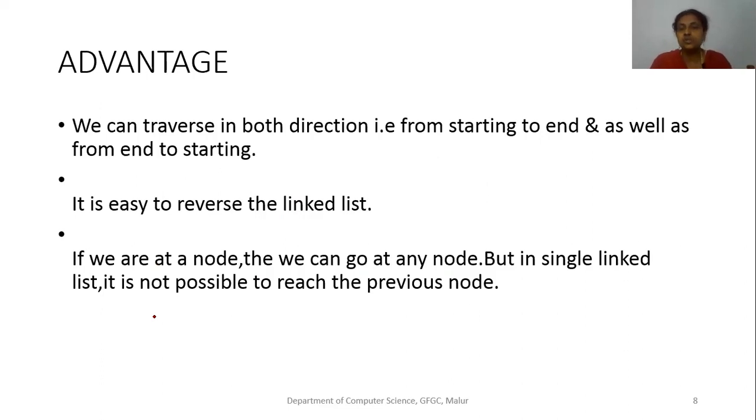It is very easy to reverse the linked list. Whichever is not available in a single linked list, that means we won't have an idea about our previous node. We know the next node address, but we won't know the previous node. But in a double linked list, each node has the address of the previous node and also the address of the next node, so searching for data will be easy.